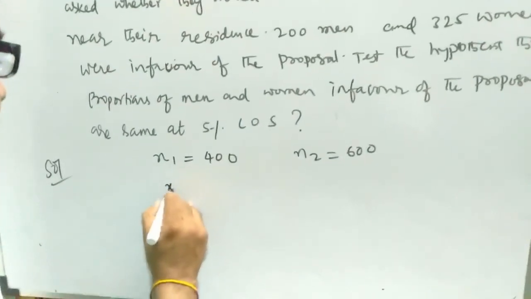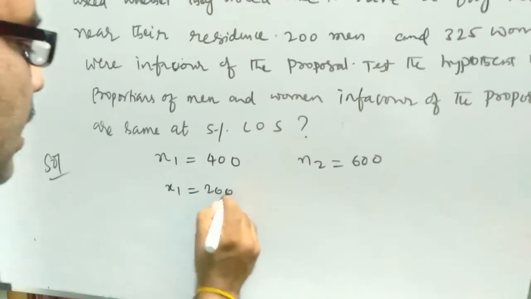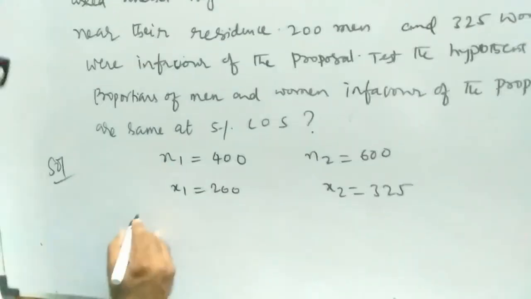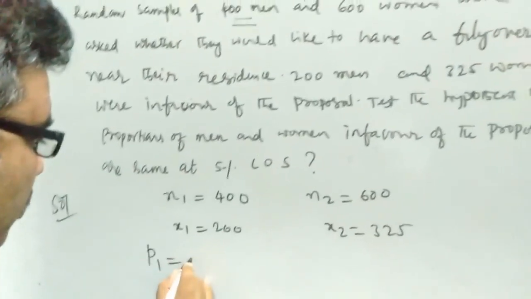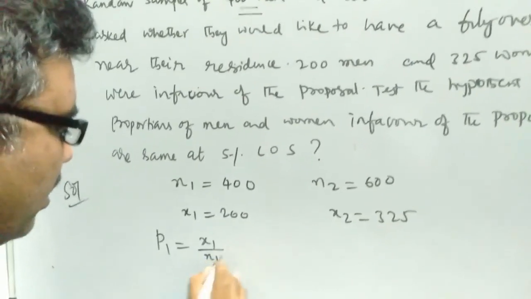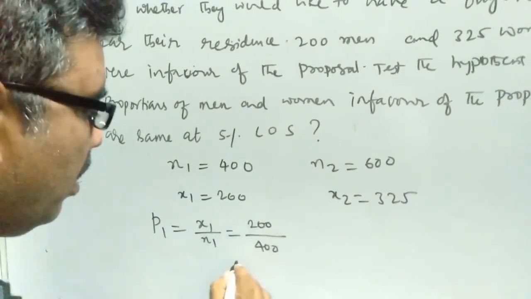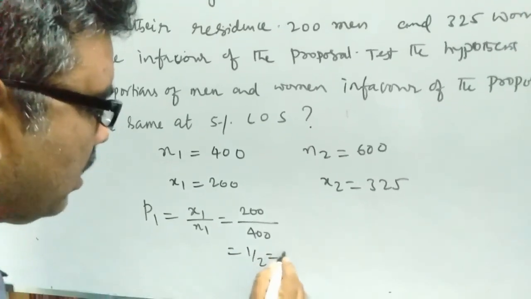So x1 is equal to 200 and x2 is equal to 325. Then P1 is x1 by n1. Out of 400, 200 are favorable, so 1 by 2, that is 0.5.